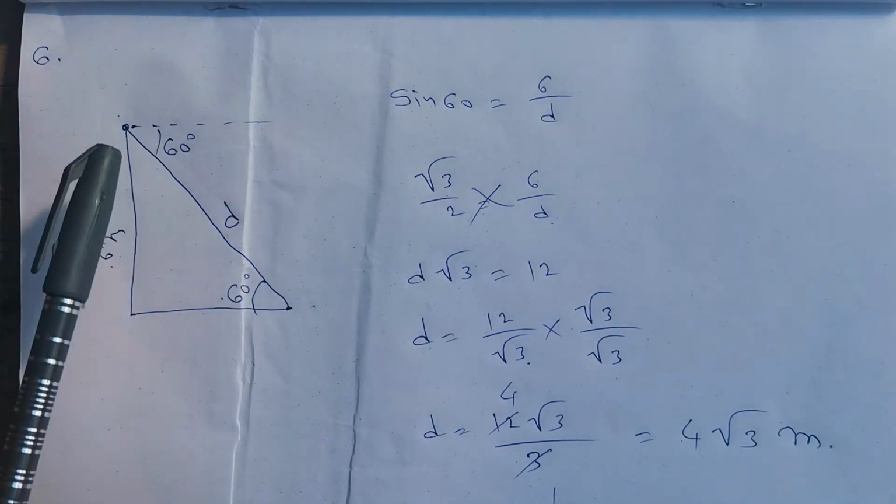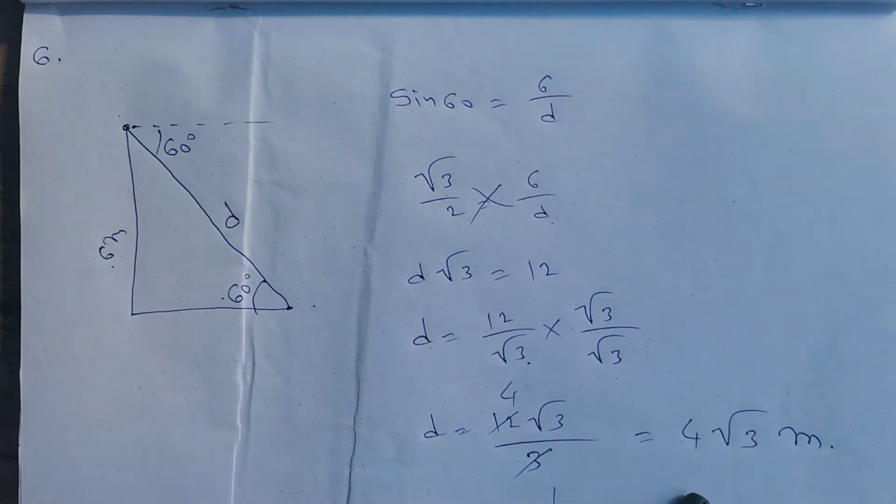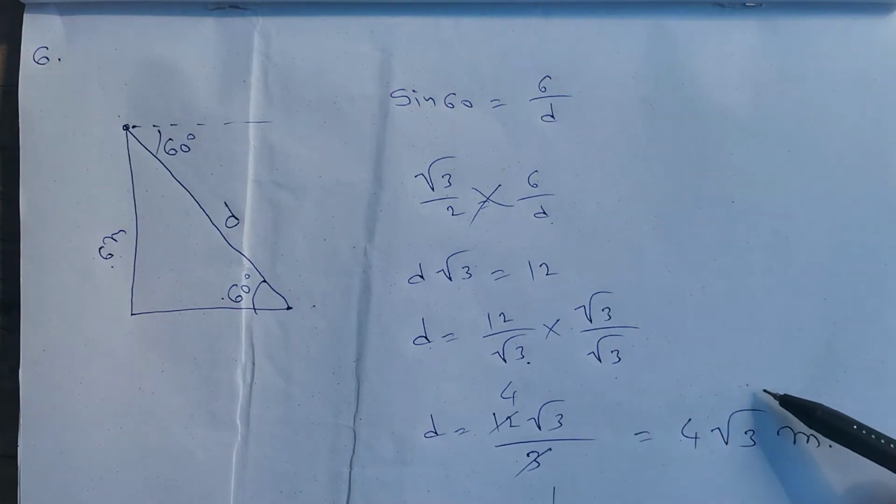So the distance between you and the object is 4 root 3 meters. In case in the exam they give the root 3 value also as 1.732, you need to substitute that 1.732 in the place of root 3 and do the multiplication. Otherwise, no need.